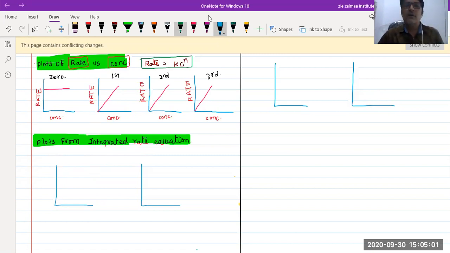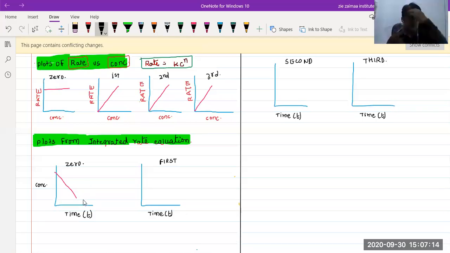But for the integrated rate equation here, the plots should be drawn with concentration of reactant A for the zero order, and for the first order the concentration can be taken as log A, for the second order it can be taken as 1 by A, and for the third order it should be taken as 1 by A power 2.